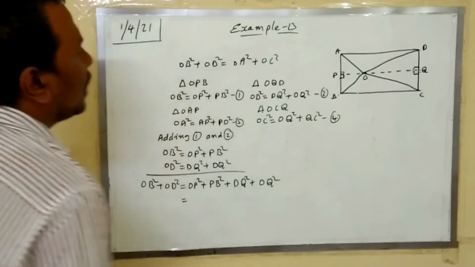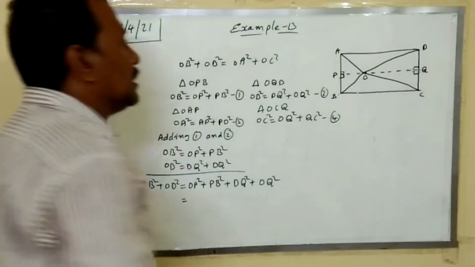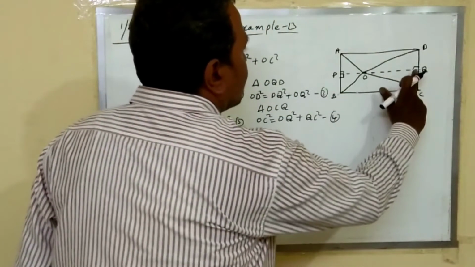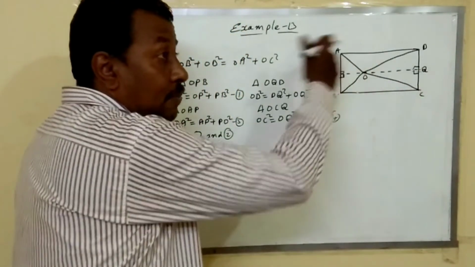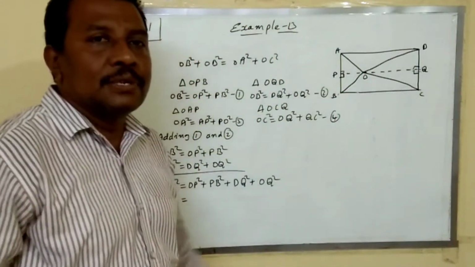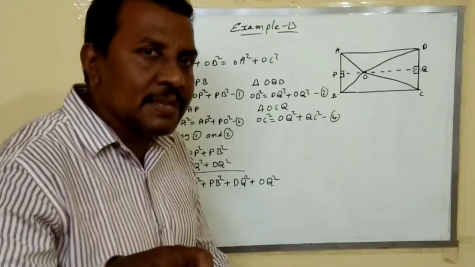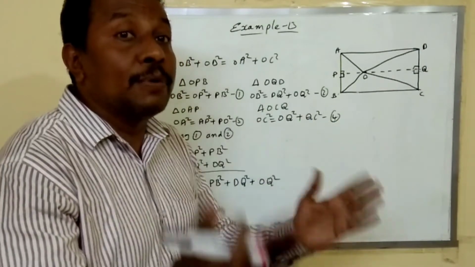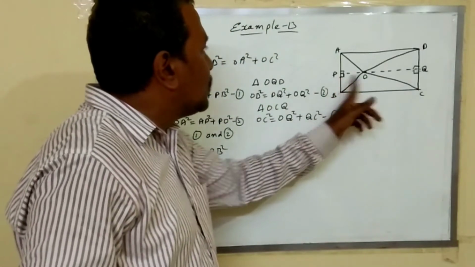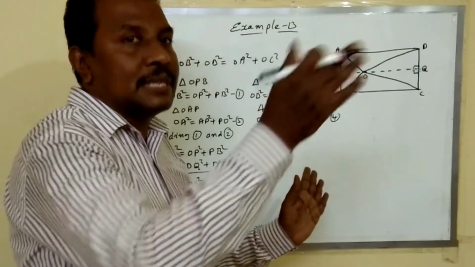Here PB is equal to QC because this is a rectangle. I already said that it forms a rectangle, because all four angles are right angles and PQ is parallel to BC. So it satisfies all the properties of a rectangle, and naturally the opposite sides are equal.